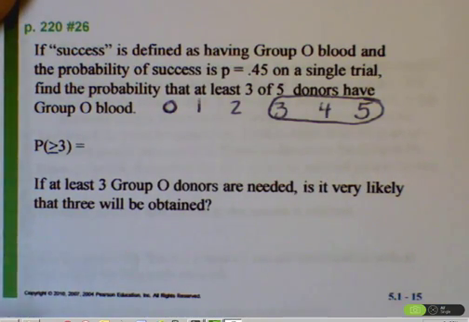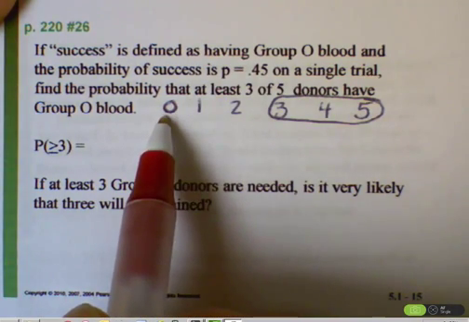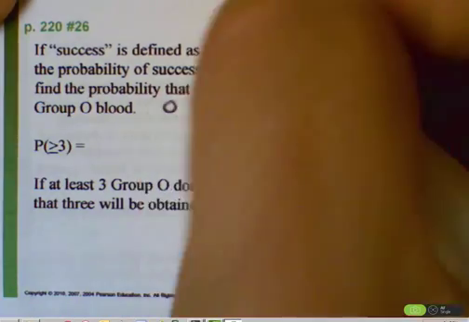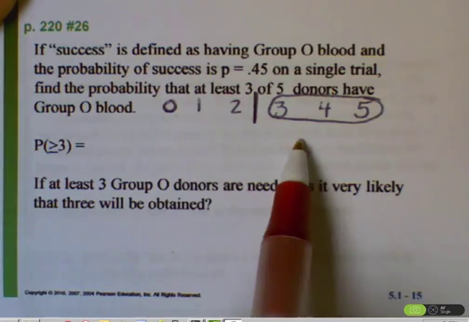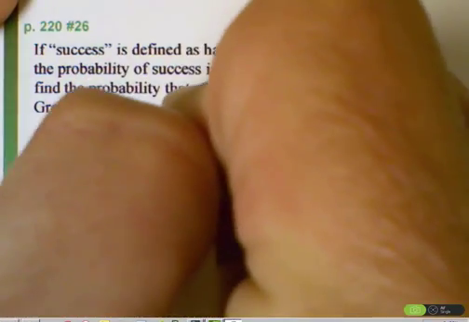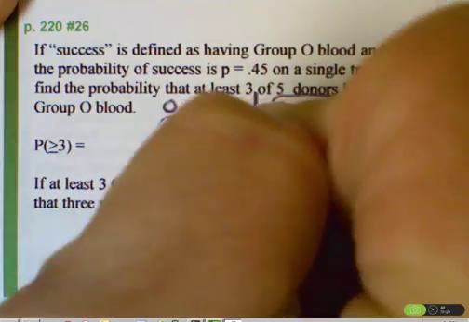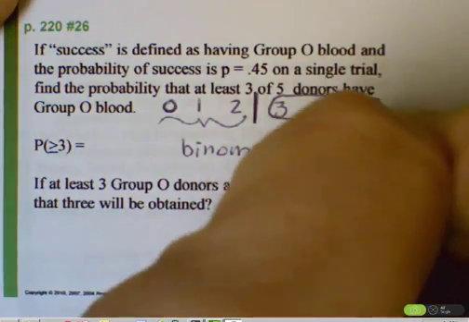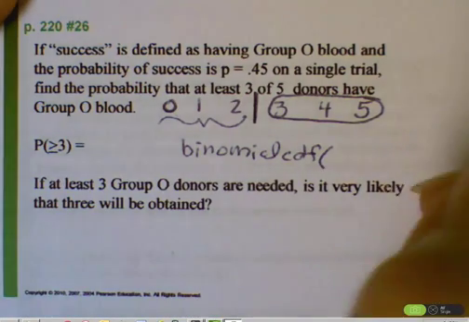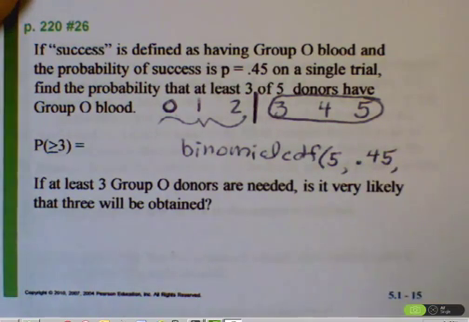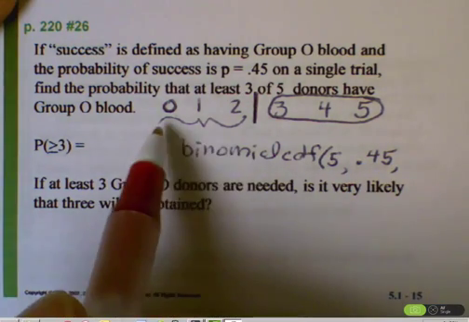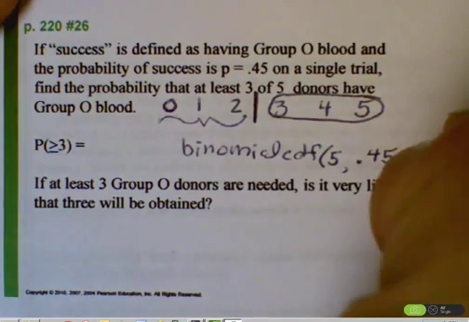But that's not what binomial CDF will give me. Binomial CDF is going to add from 0 up to wherever I tell it to stop. That's the complement of what I want. So all I have to do is find this probability with binomial CDF: out of 5 trials, each having a probability of success being 0.45, what's the probability of at most 2?